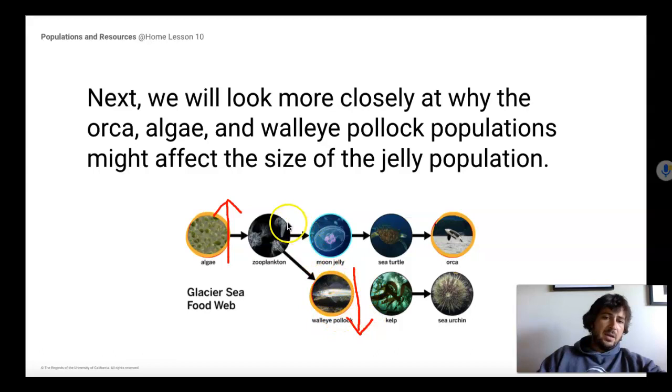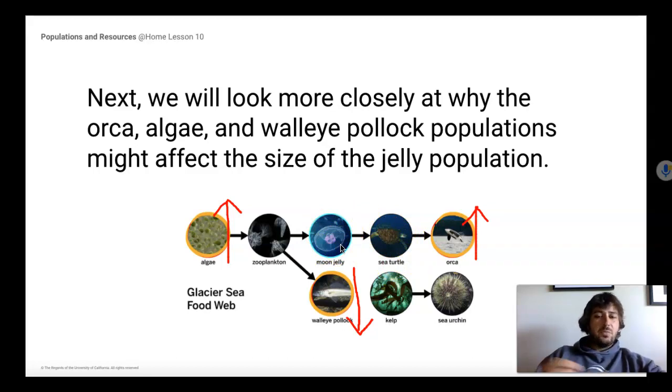Decreasing the walleye means that less zooplankton are being eaten, more food for the moon jelly. Or how about this? What if I increased the orca? That means they would eat more sea turtles, less death for the moon jelly.